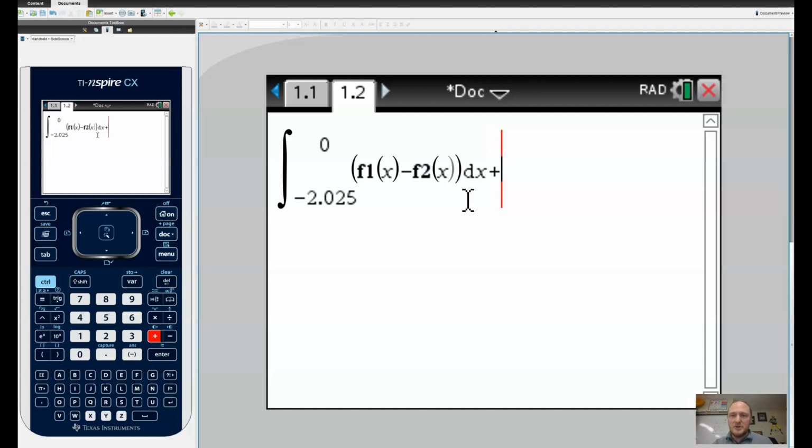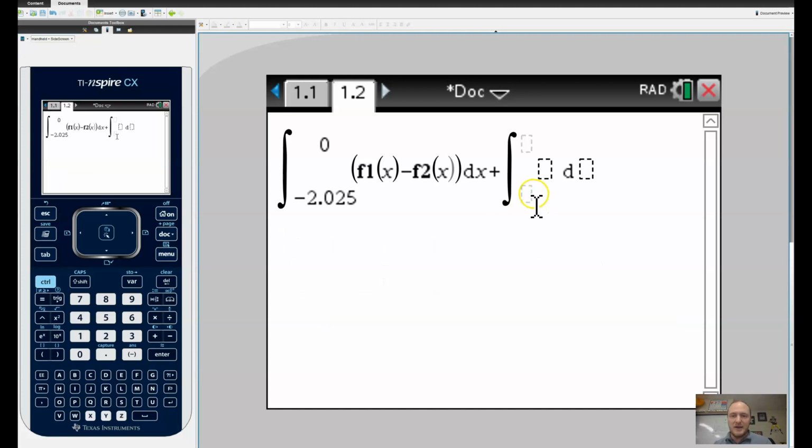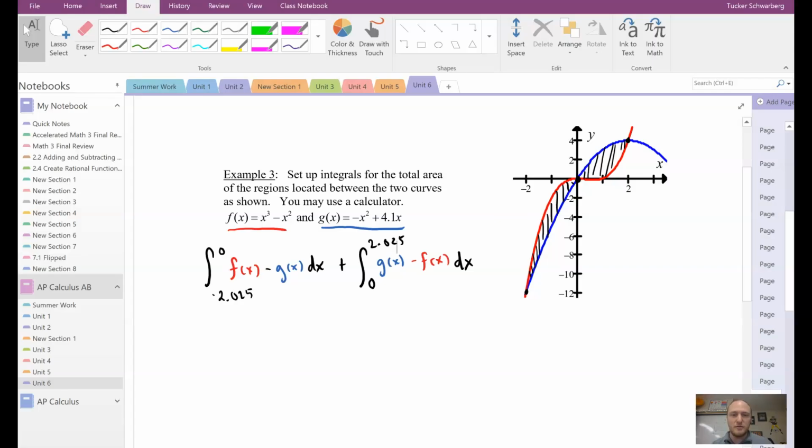Okay, and I'm going to add, and then I'll repeat the steps. So I'm going to drop in my second integral, and my bounds are 0 to positive 2.025. Notice on this one our functions were flipped. It's g of x minus f of x, because in region 2 over here, our function g of x was on top.